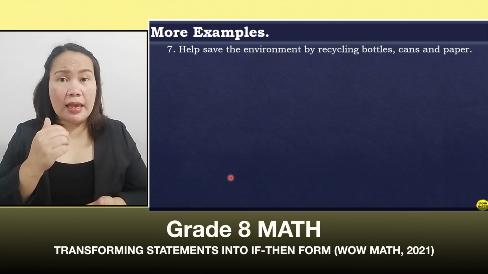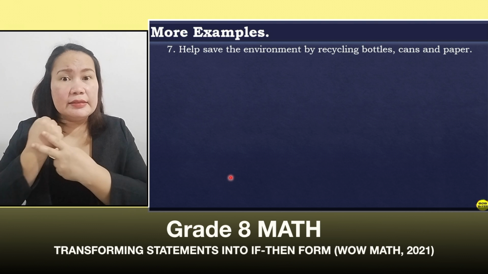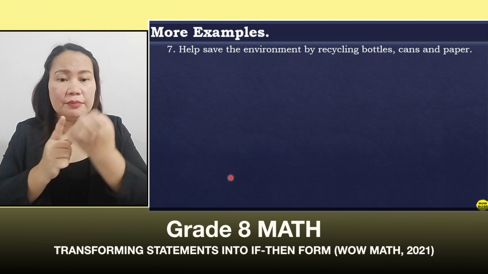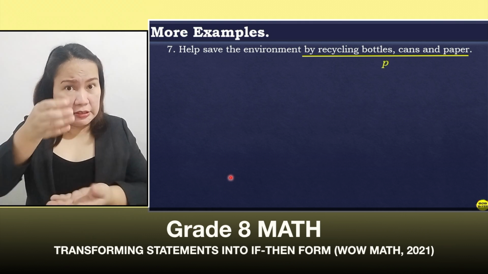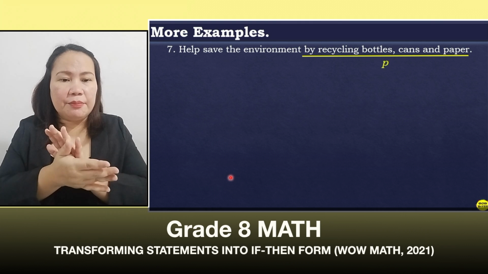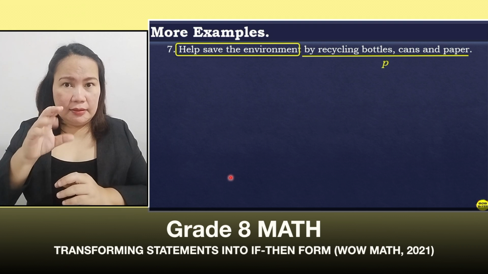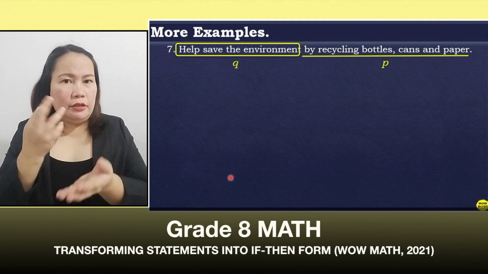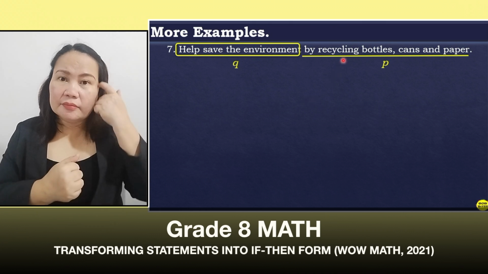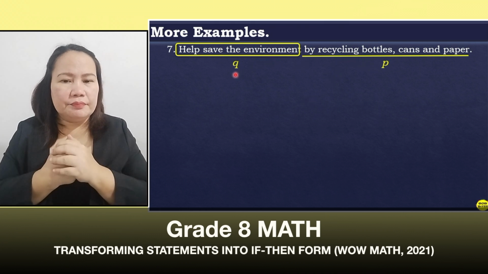So, help save the environment by recycling bottles, cans, and paper. So, by recycling bottles, cans, and paper, this is your P. What will happen? It will help you save the environment. This is your conclusion. Okay, so this is your P, this is your hypothesis, this is your conclusion.